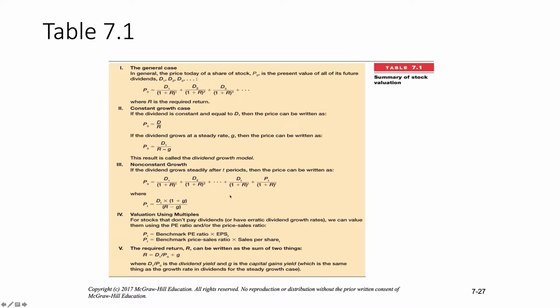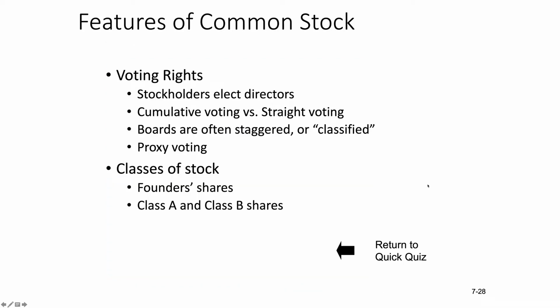I want to spend some time to discuss some of the features of common stocks. As we showed in our comparison of bonds and equities, fixed income and equities, we said that bonds have no voting right, but common stock has.